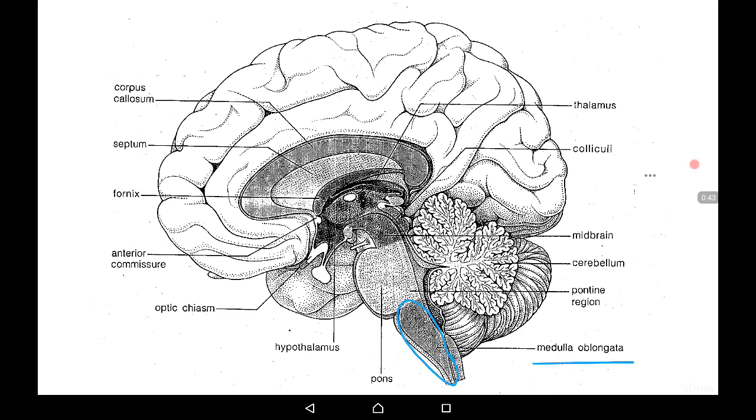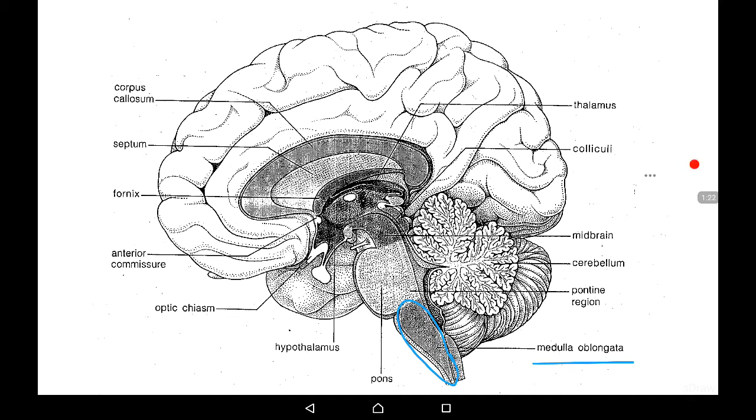The medulla oblongata contains nerve centers that are responsible for vital functions, like the center of respiration and the center that controls the tone of blood vessels, the vasomotor center, etc. Even a small lesion of the medulla oblongata due to a stroke or trauma may be lethal, may lead to death.